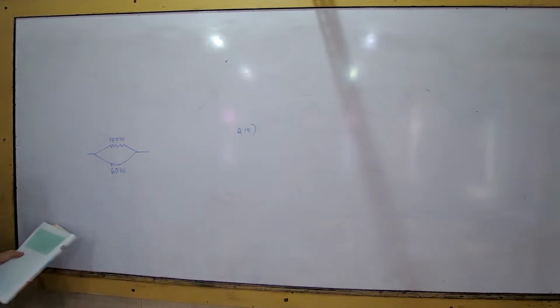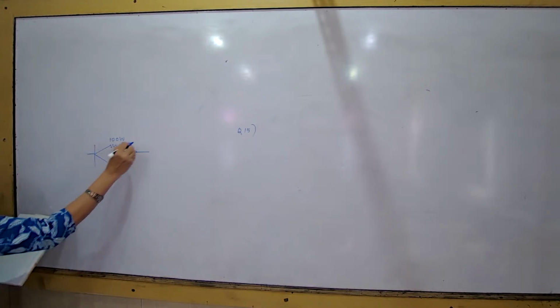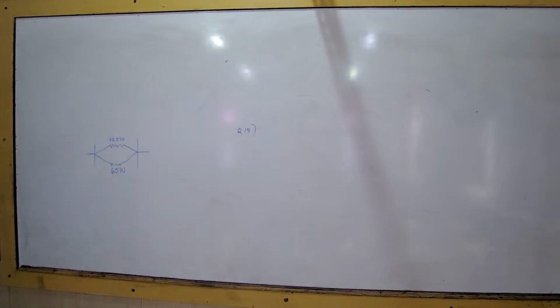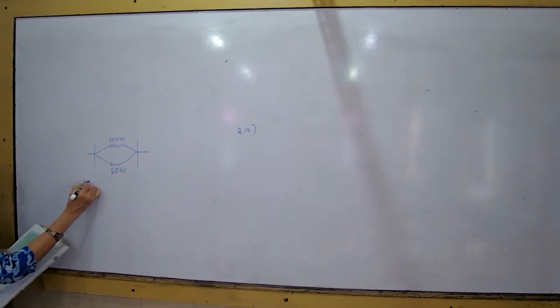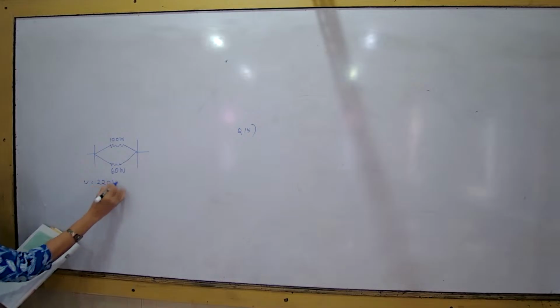So these are the two bulbs. And what is the potential difference? V, how much is it? It's given there. 220. Voltage is already given to us, 220 volt.